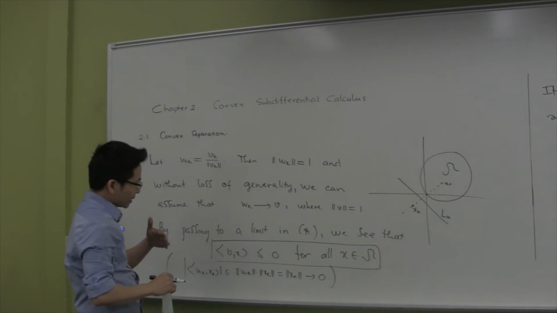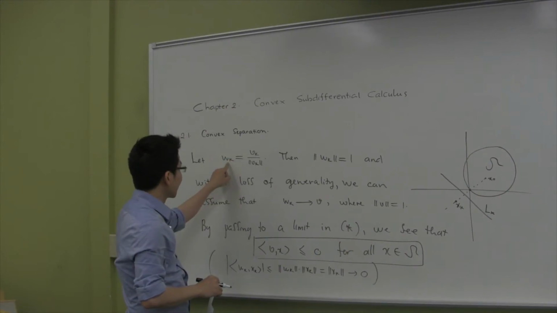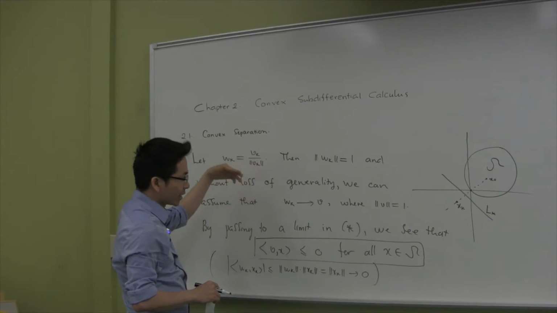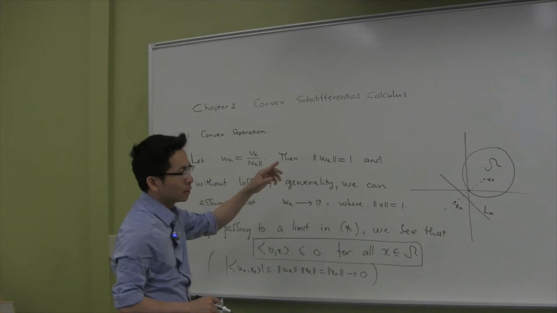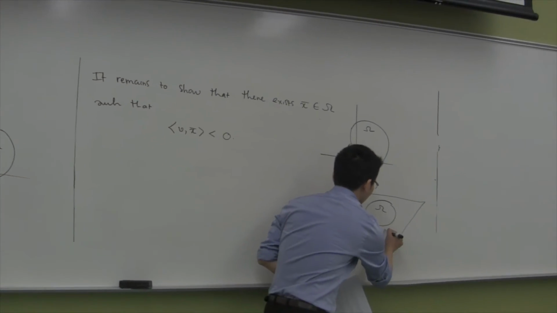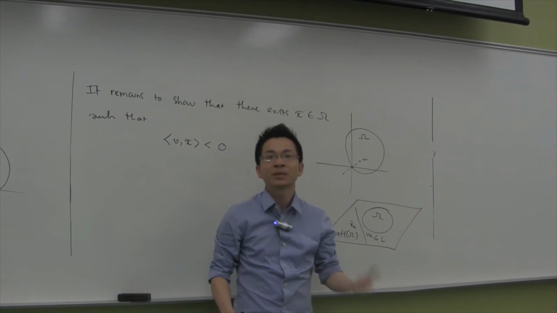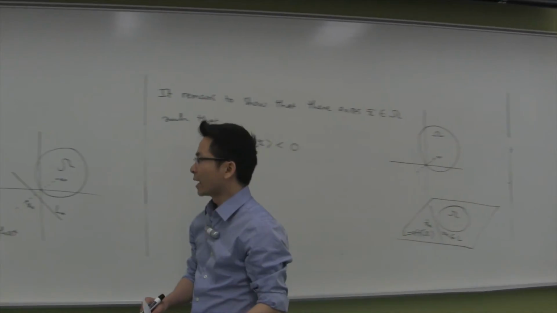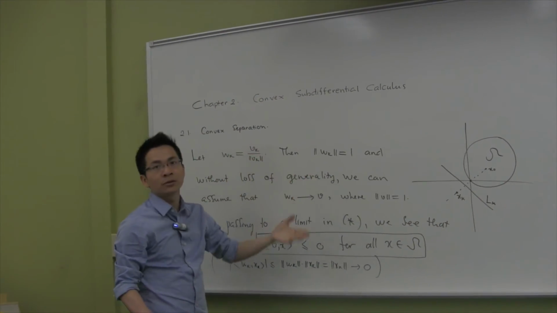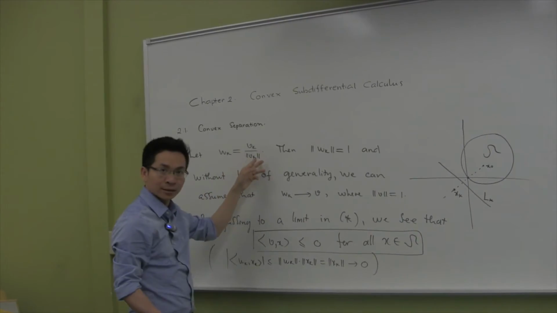Here is a very important observation. Because W_k is defined by V_k over the norm of V_k, and as stated earlier, V_k belongs to L, which is a subspace of R^n, then W_k also belongs to L, because we just multiply V_k by a scalar.